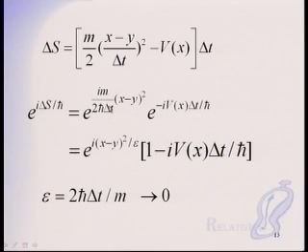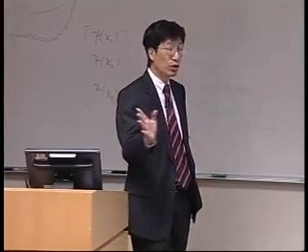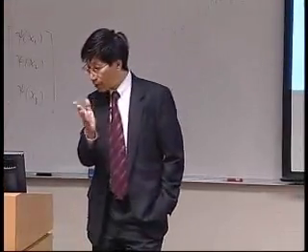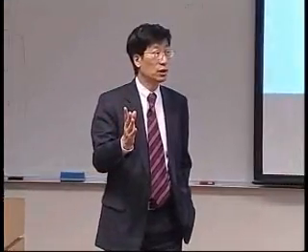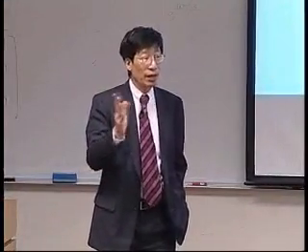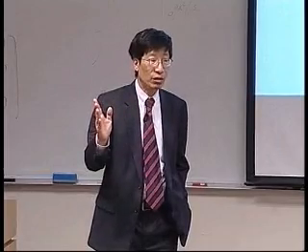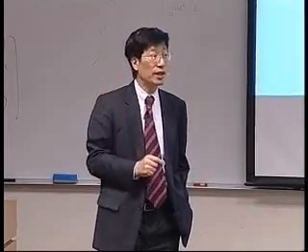Eventually, delta t will be going to 0. So just so that we can make use of our previous expressions, let me call all this bunch epsilon. And epsilon is 2 h bar delta t over m. And eventually, this is going to 0. Now, it's going to 0 not because h bar is being taken to 0, but because delta t is being taken to 0.